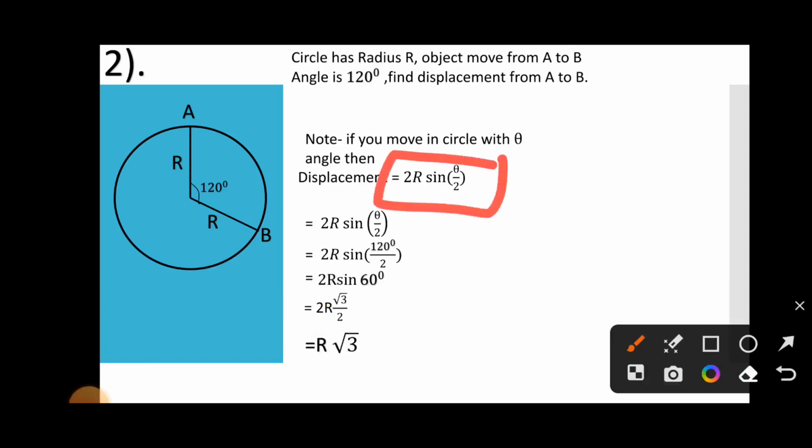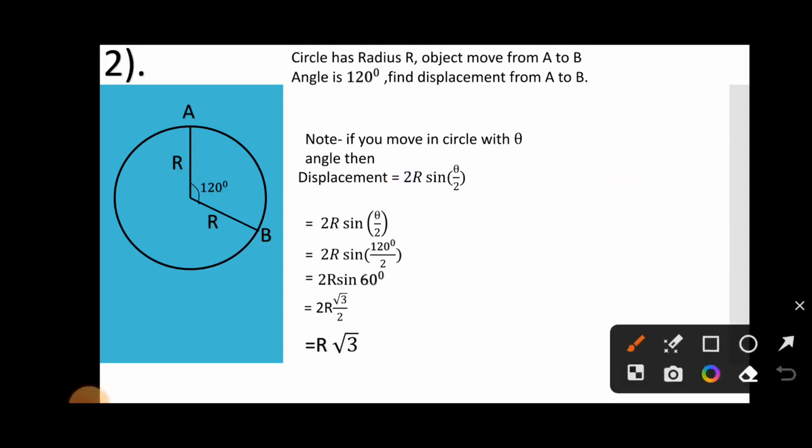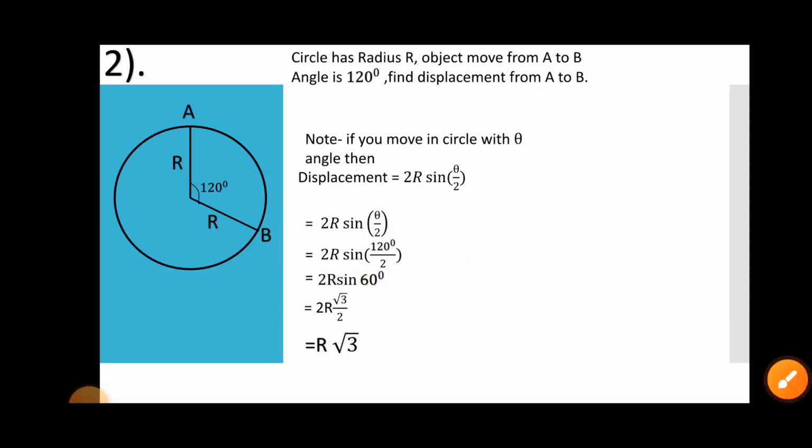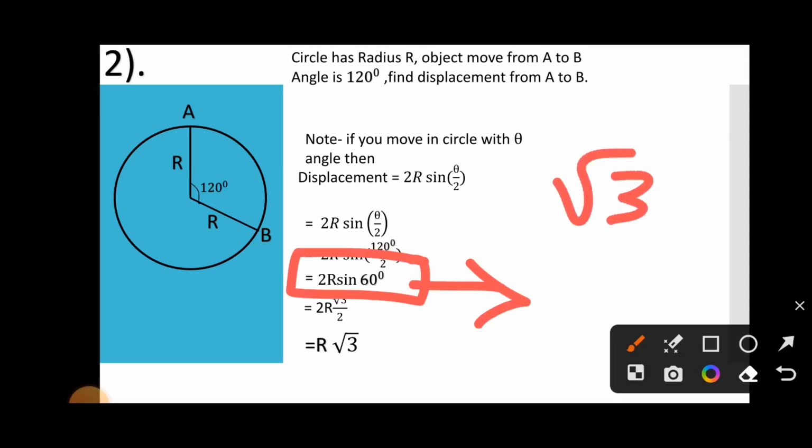So put the value of the angle theta, which is 120 degrees, in the above equation. Then we get the displacement is equal to 2r sine 120 by 2, which is 2r sine 60. Now we know that sine 60 is equal to root 3 by 2.